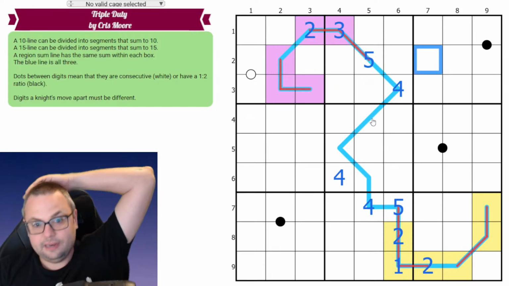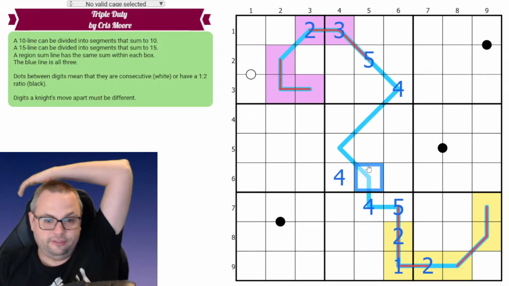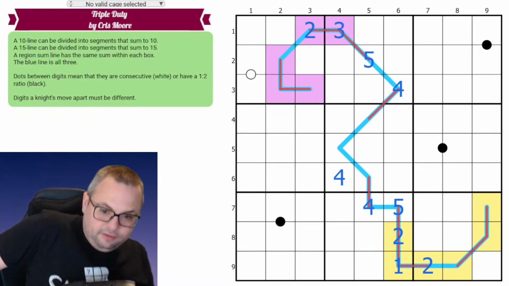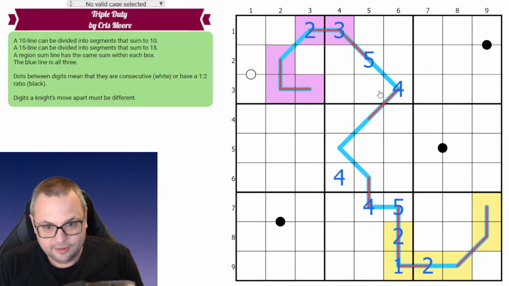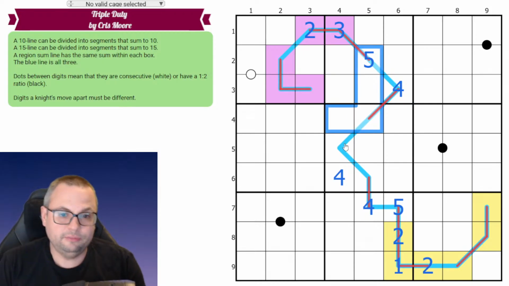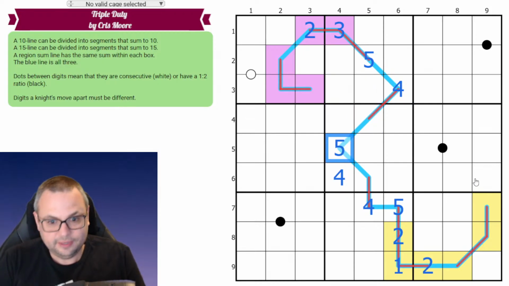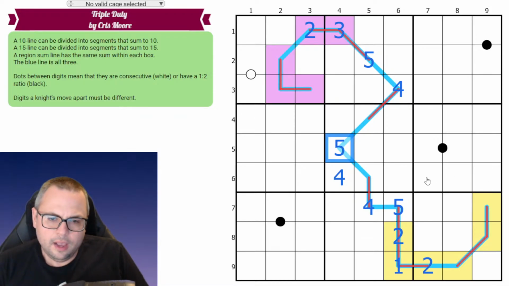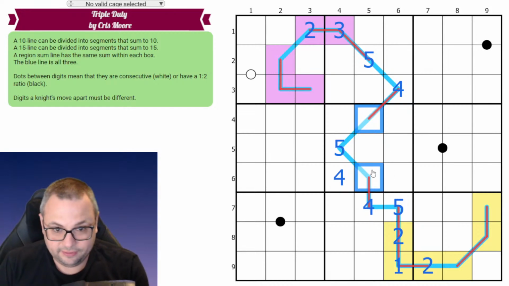Okay, so I need 2 sums to 6 in this box, just by sort of outlining this. So one of them is a 6, and one of them is a 1, 5. I suppose we can actually just place the 5 in the box, is probably a smart thing to do. And so these are a 1, 6 combination.